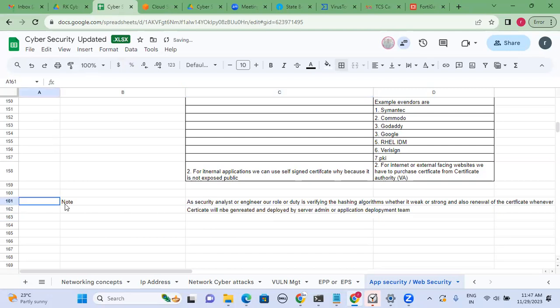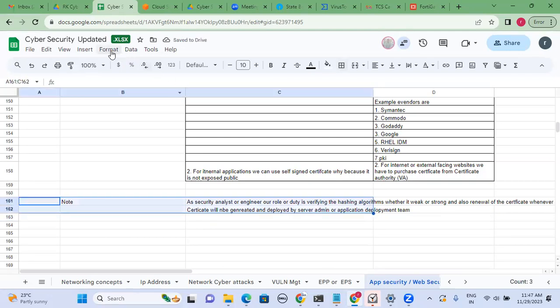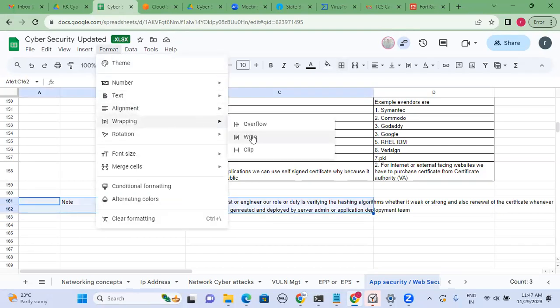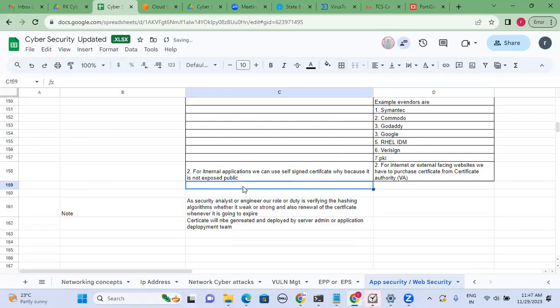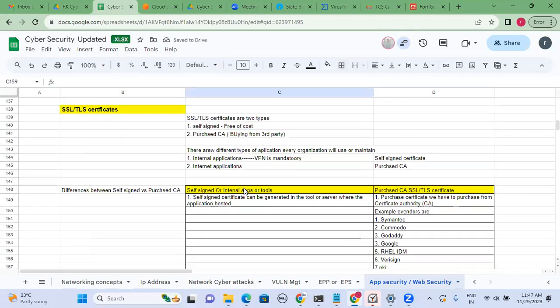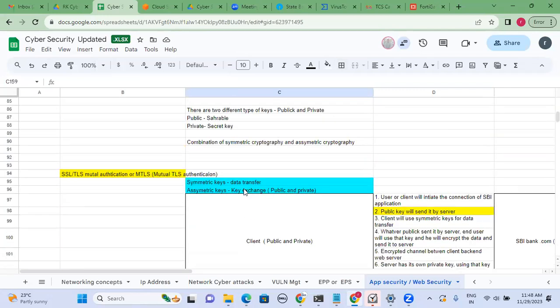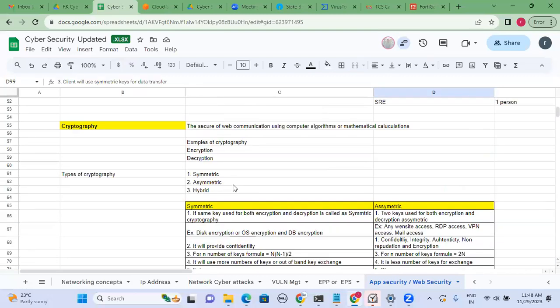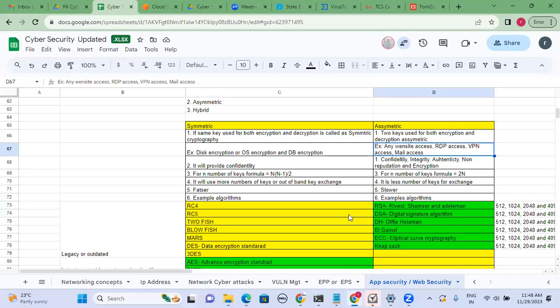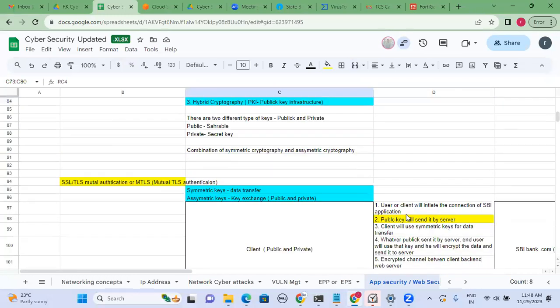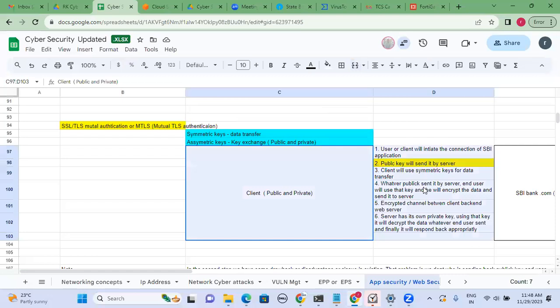So that is about certificates and cryptography overall. In the entire cryptography topic, which one is very important for us? The difference between symmetric and asymmetric, cryptography algorithm examples, and the mutual TLS authentication mechanism.